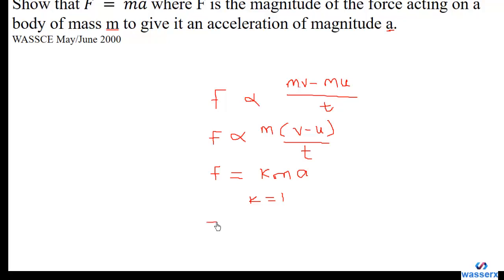So we will now have our force F equal to 1 times ma. So that gives us F equal to ma, as required. So that's what they wanted us to show, and we have done that.